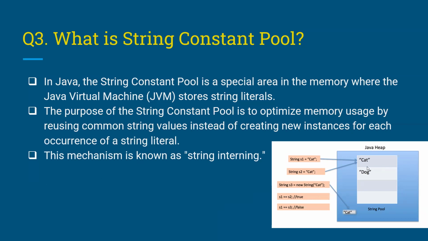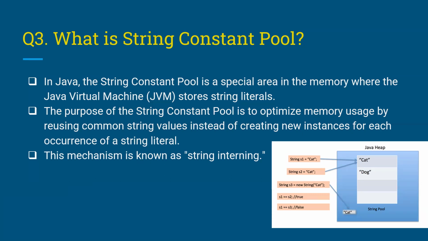If it is available, it won't create a new object. Rather than creating a new object, it will refer to the same object reference. If we have a different object, then it will create a new object. That's the behavior of string constant pool.